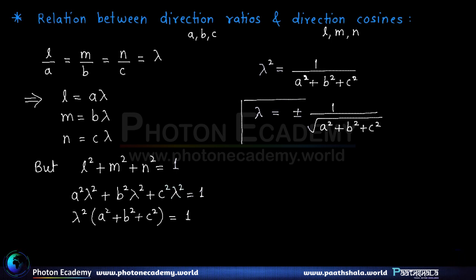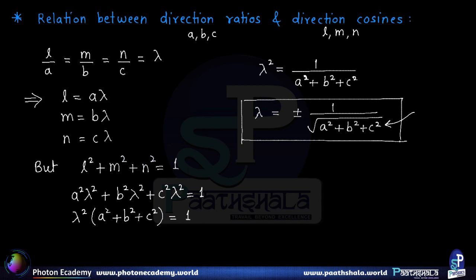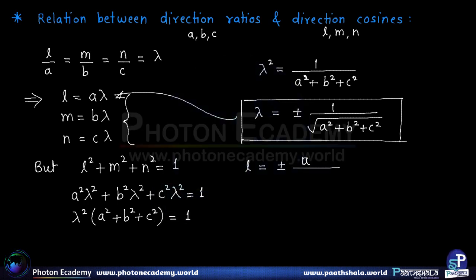So we got the value of that common factor lambda in terms of the given quantities A, B and C. Now since we have got lambda, we can substitute it in these three formulae. So we will get L as plus or minus A upon square root of A square plus B square plus C square.